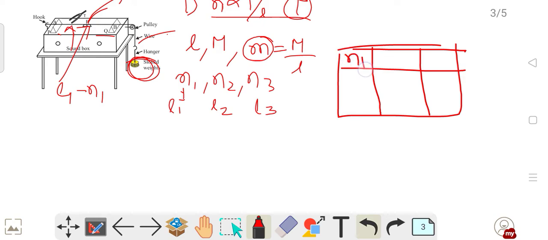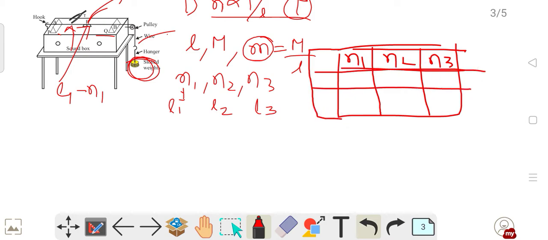Where we were taking N1, N2, N3 on one side, and L1, L2, L3 were taken.